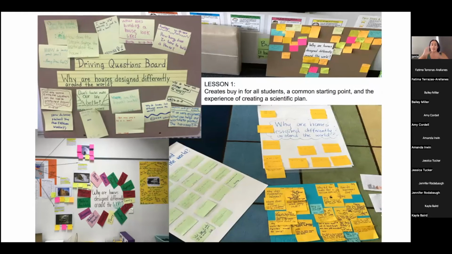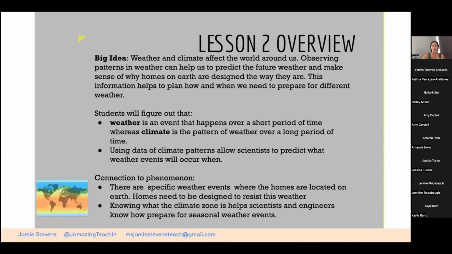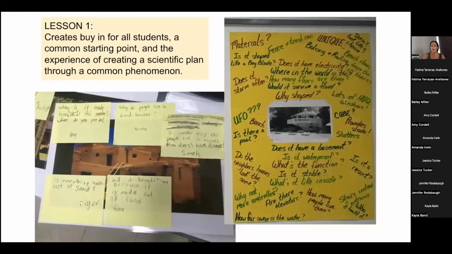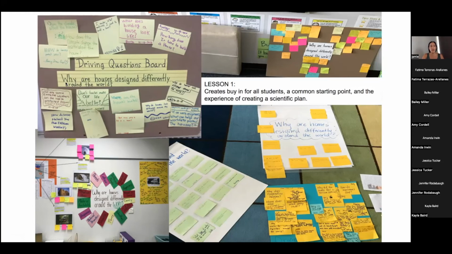What this looks like for you in the classroom is that they've looked at all these different homes, they've done some wondering, some noticing, they've modeled, and tried to figure out what this is all about. And then we say, you know what, we want to know why homes are designed differently around the world. That's our starting big question, what we call our driving question.